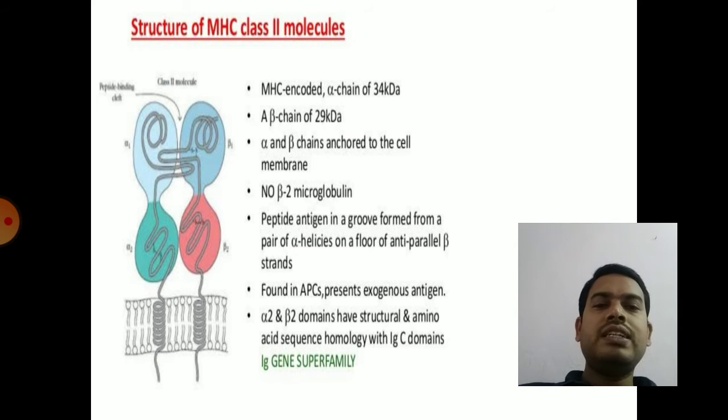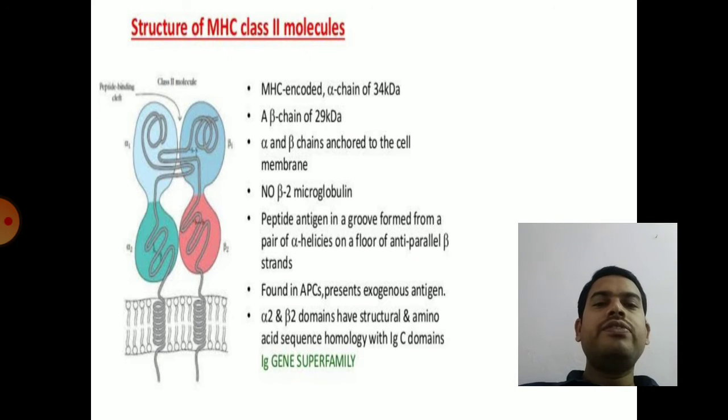Both alpha and beta chains are anchored to the membrane. A peptide presentation groove or peptide cleft is present between the alpha 1 and beta 1 domains. The peptide antigen sits in a groove formed from a pair of helices on a floor of antiparallel beta strands. So you can clearly see alpha 1, beta 1, there will be the peptide binding site.